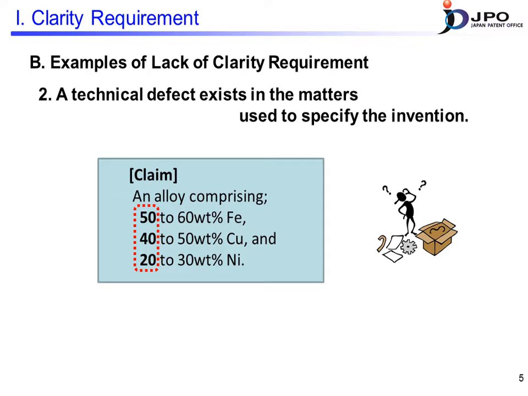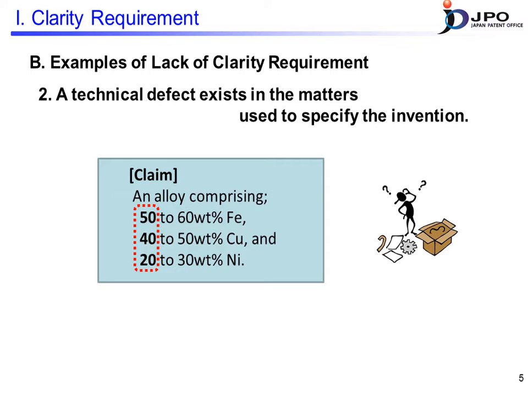In order to fulfill the first condition, at least 50% of the alloy must be iron. In order to fulfill the second condition, at least 40% of the alloy must be copper. In other words, at least 90% of the alloy is iron and copper, so the room left for nickel is at most 10%.